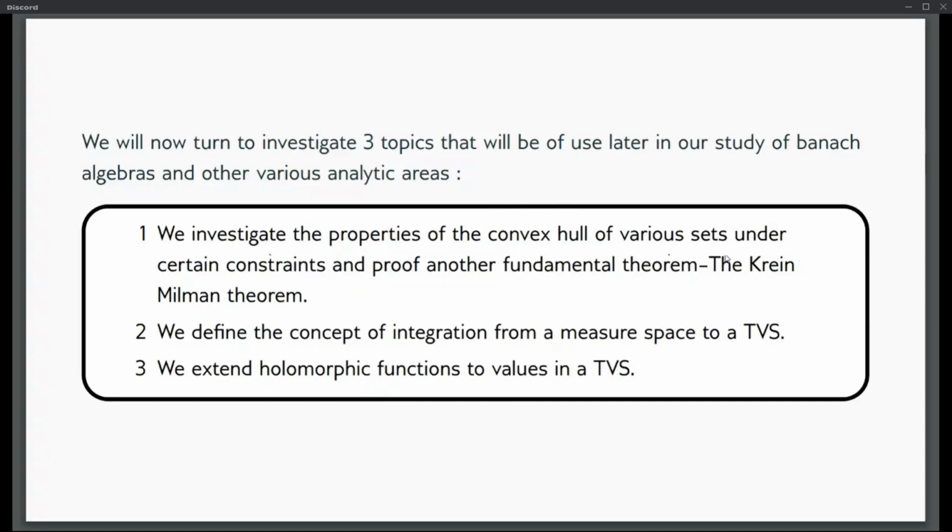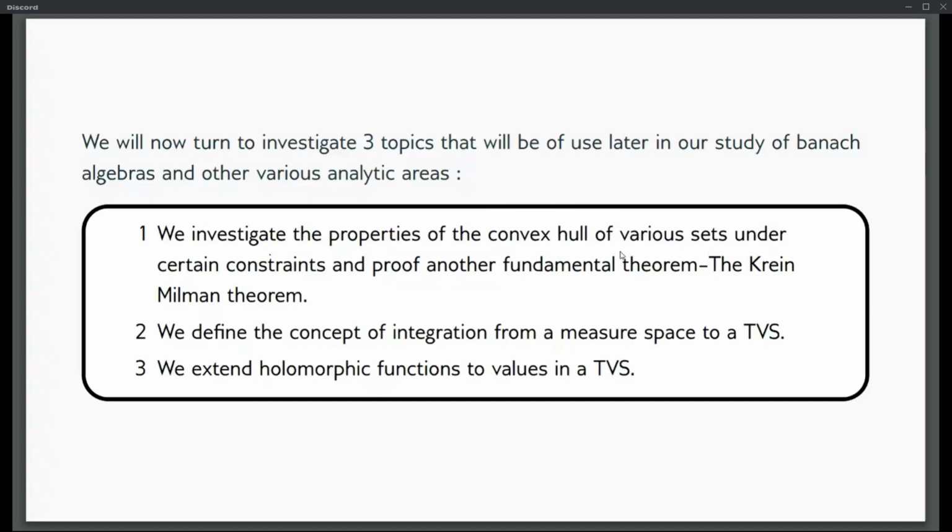And the most important theorem, I think, is the Krein-Milman theorem, which is related not only to the convex hull, but to extreme points. The first important use of the Krein-Milman theorem, which we're going to see, is that in certain situations, if you want to prove certain things exist, take it as similar to the Banach-Alaoglu theorem.